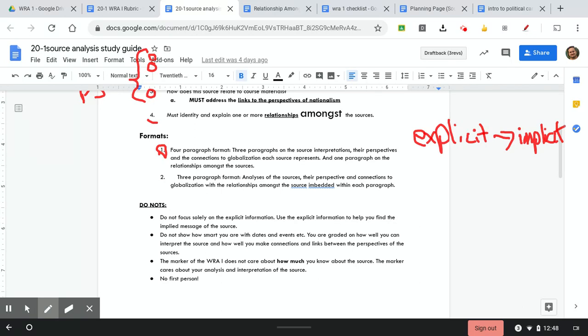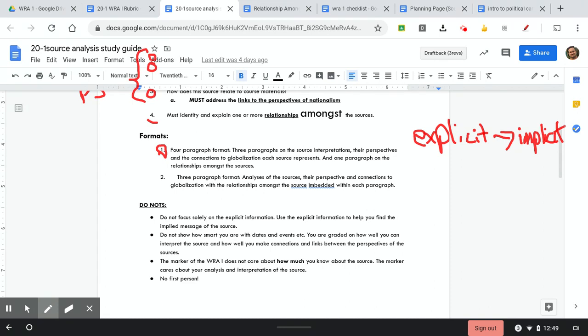The next do not. Don't show how smart you are with dates and events, etc. You're graded on how well you can interpret the source and how well you make connections and links between the perspectives of the sources. If an individual has drawn a political cartoon about, let's say, imperialism in the Congo or imperialism in Africa, your goal is not to regurgitate as much information as you can about those events.